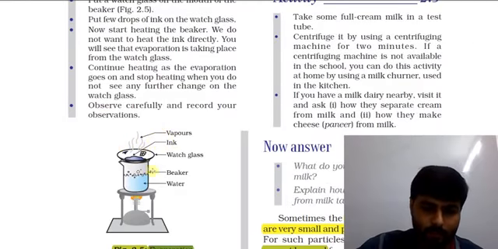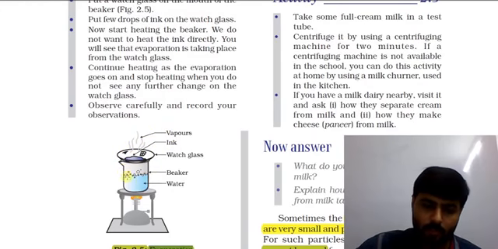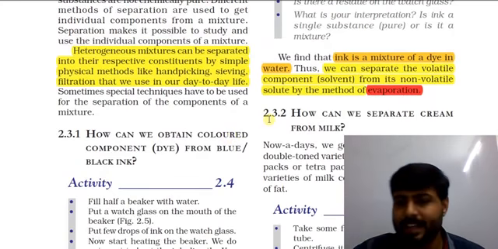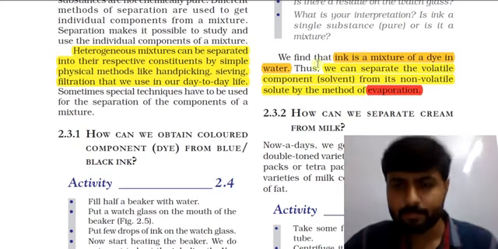This vapor comes from the water part in the ink. So when we heat it up, the water gets evaporated. All the water gets evaporated and the remaining component we have is the dye. So we can conclude that ink is a mixture of dye in water.